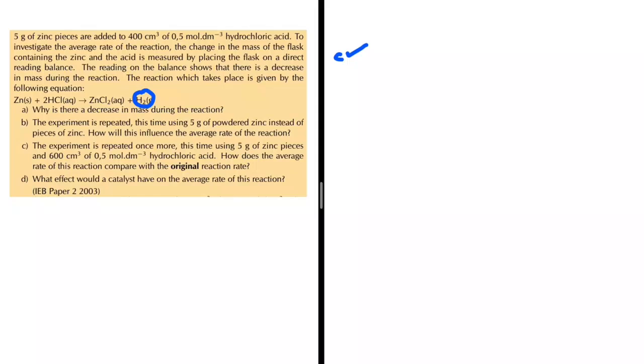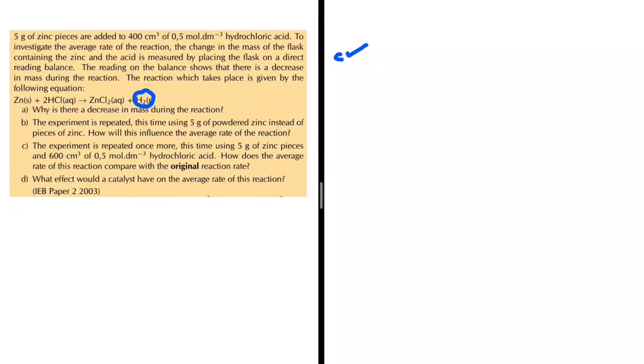That is C. Let's take a look at D. What effect will the catalyst have on the average rate of this reaction? Obviously, the catalyst will provide an alternative route of lower activation energy, and more particles will have sufficient kinetic energy. So we expect the rate of reaction to increase in this situation.